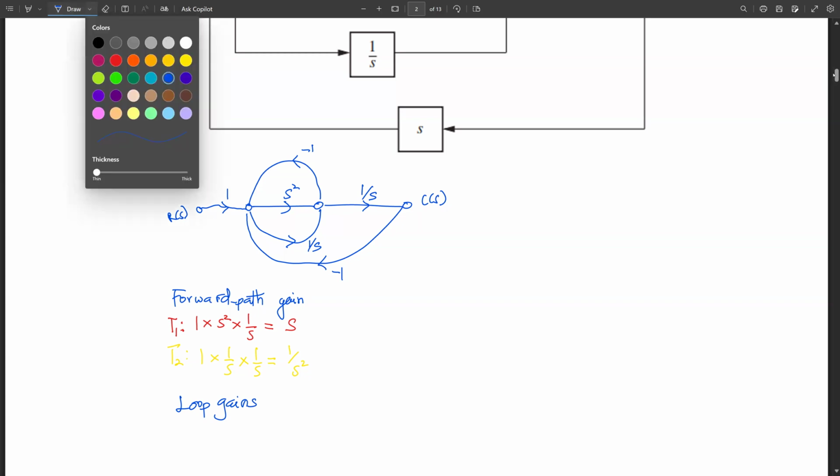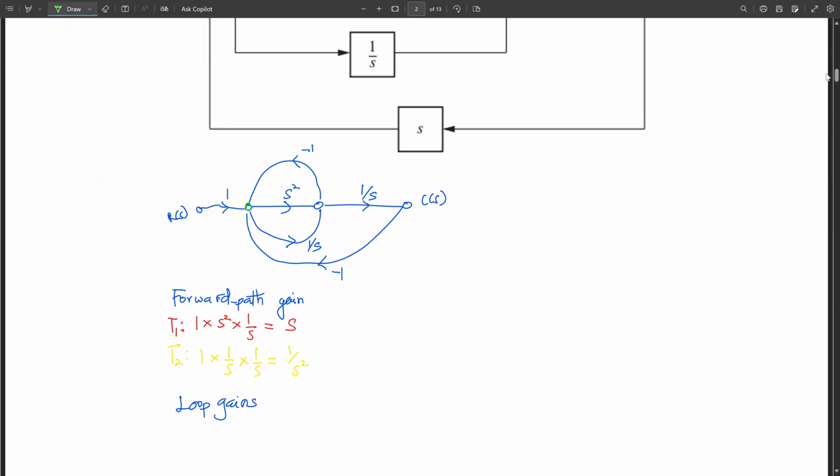So let's start. The first loop that I can identify is the loop that you take when you start on this node. And then you follow the signal flow, and then end up on the same node. That's my first loop, right?